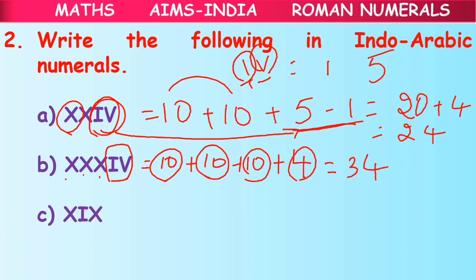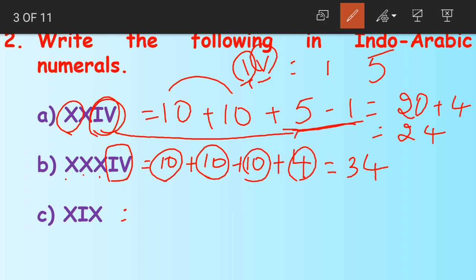The next one is XIX. Again here the first symbol is X which stands for 10. Then we have IX. Again IX, in IX we have I, which is the smaller Roman symbol, to the left of the larger symbol. So the smaller symbol is to the left of the larger symbol.